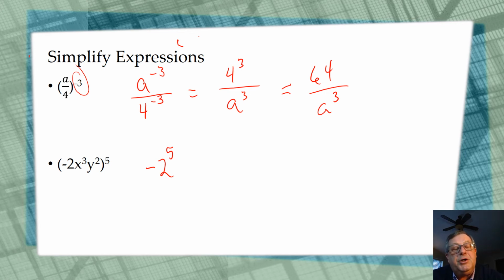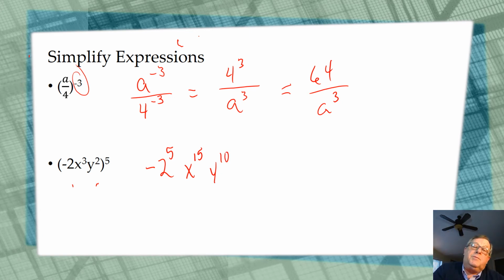I got x cubed raised to the 5th power. Well, x cubed raised to the 5th power, I multiply those exponents, 3 and 5, so I got x to the 15th. And then I've got y squared, and it also is being raised to the 5th power. So 2 times 5 is 10, y to the 10th.